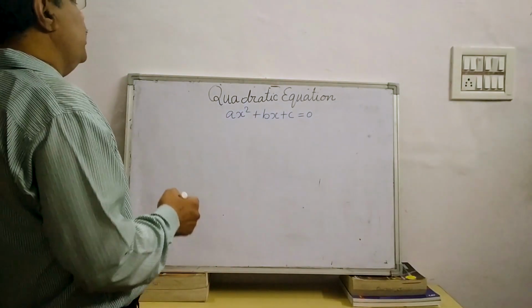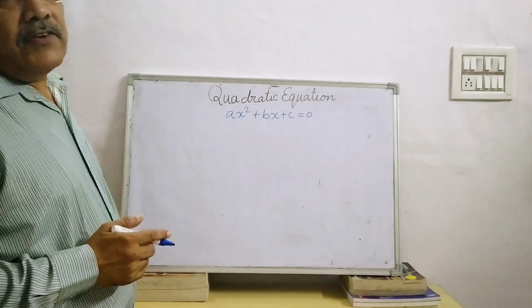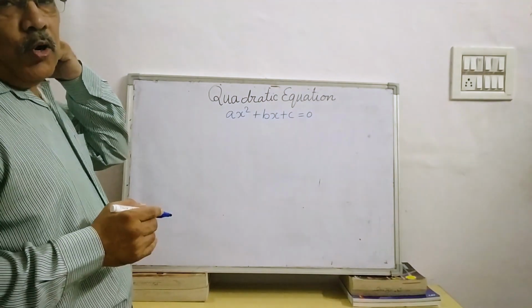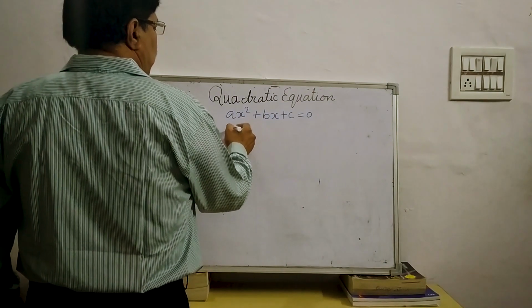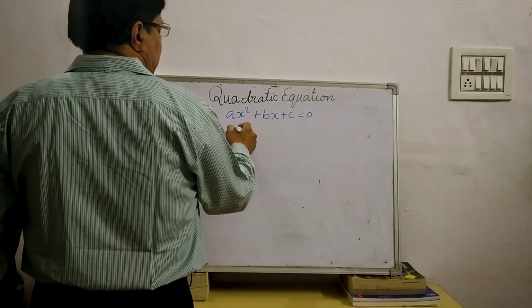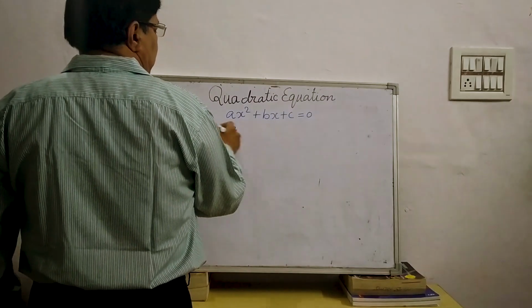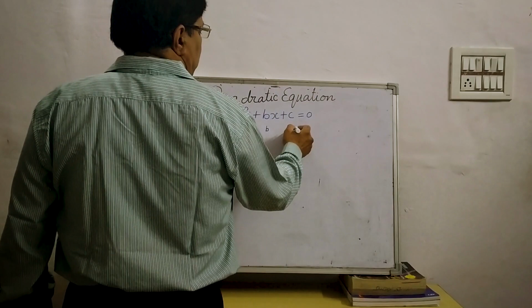To solve it, Sridharacharya has given a formula for finding the value of x. According to him, the coefficient of x² is a, the coefficient of x is b, and the constant term is c.